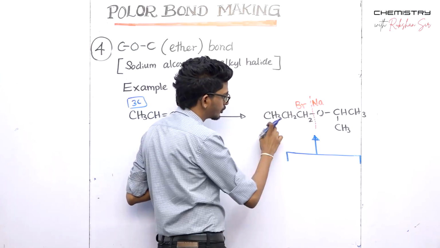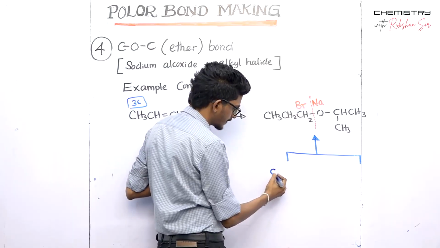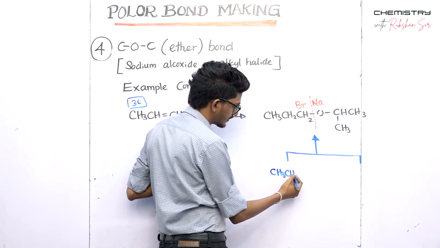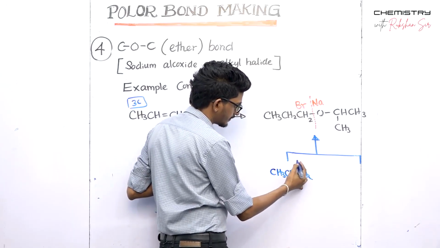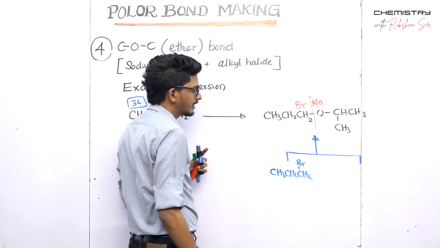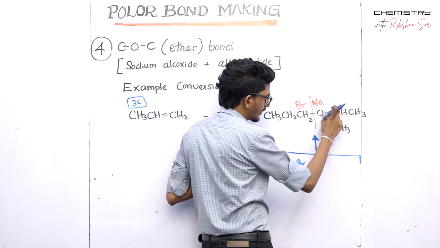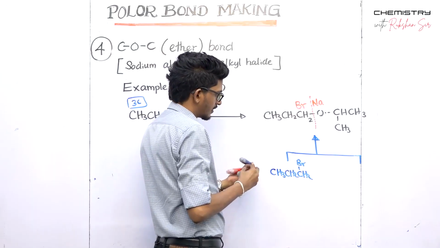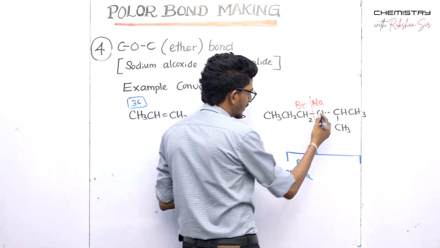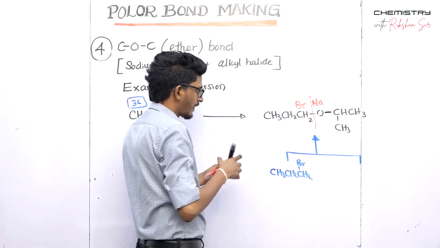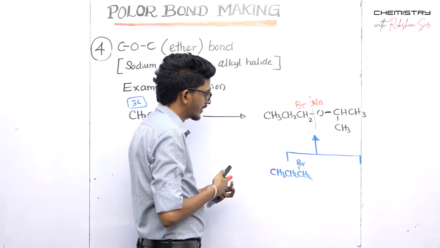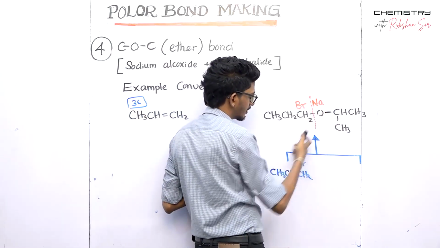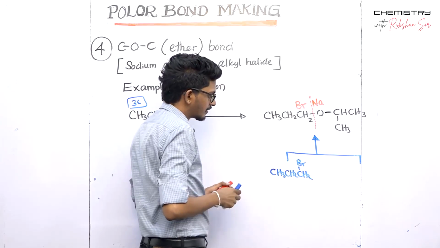That is CH2CH2CH2Br, that alkyl halide, and the other thing is some alkoxide, the sodium alkoxide, where the oxygen is connected to the center carbon.